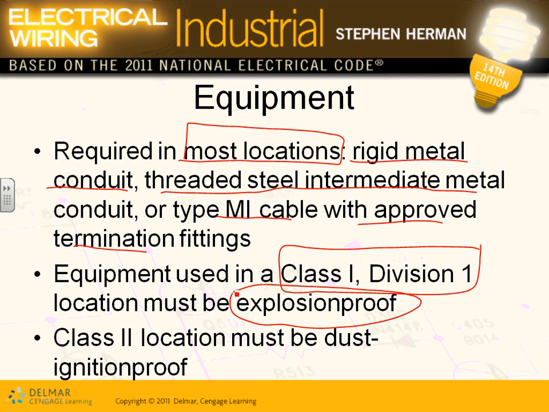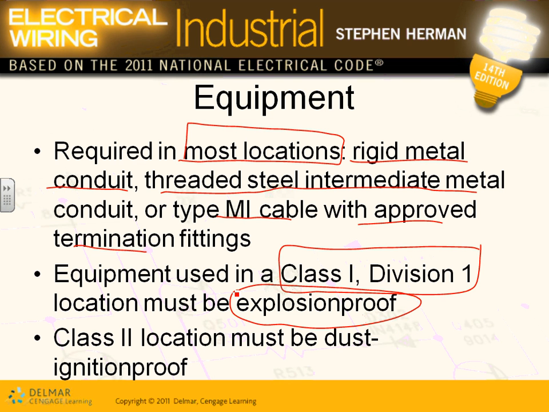Now, step number one, what you guys need to avoid, Jackson, my friend, is installing explosion-proof equipment. Very expensive, very bulky. So how do you avoid that? Avoid putting control equipment, panels, and circuit breakers in an explosion-proof location, a Class 1 Division 1, unless you have to; then your equipment must be Class 1 Division 1.